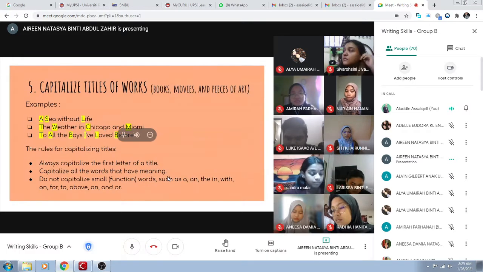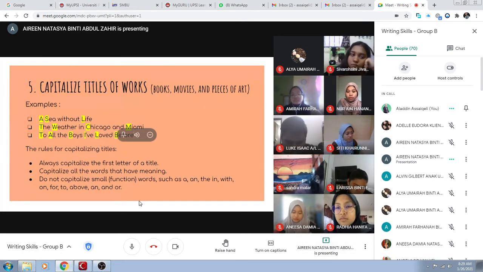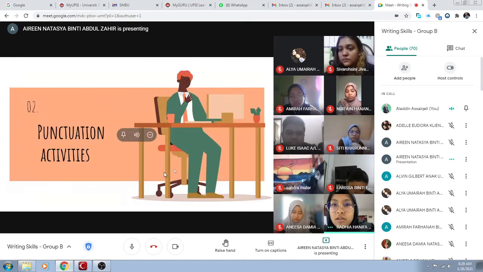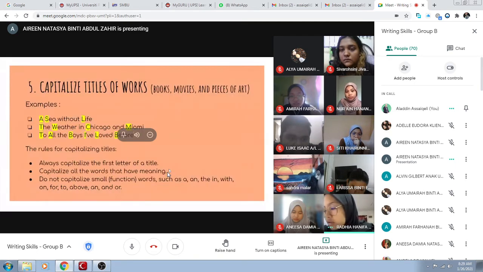Have you written content words? Radia, in the slide now, in front of us now, write content words between the brackets after meaning. Continue. Capitalize all the words that have meaning. Write content words between the brackets.